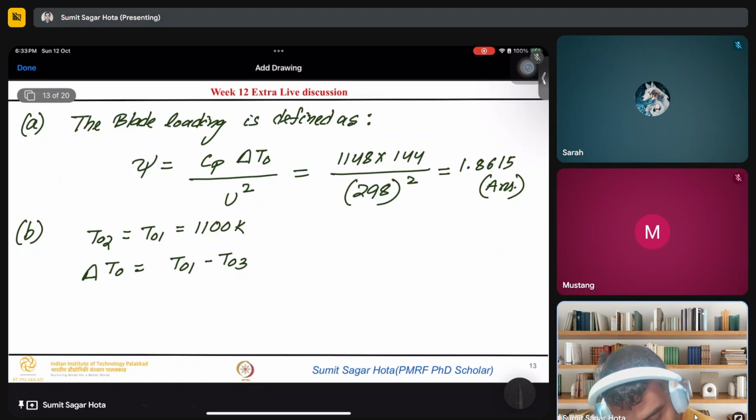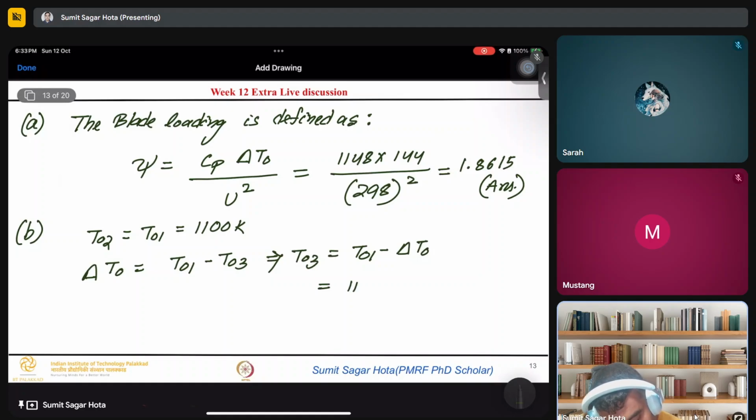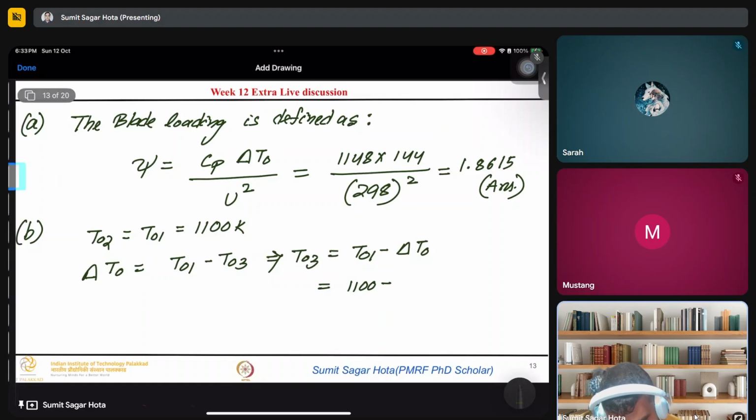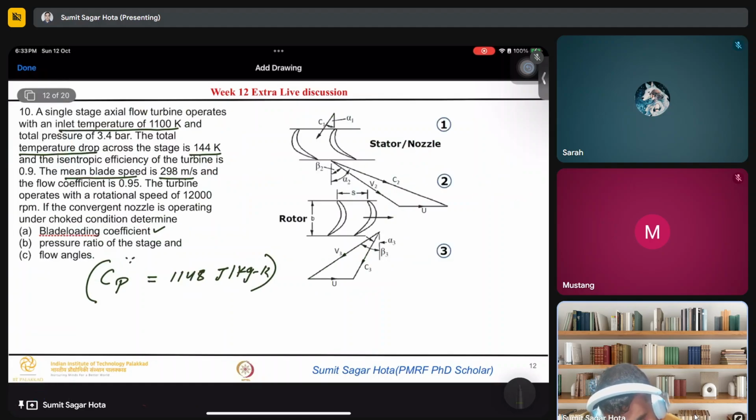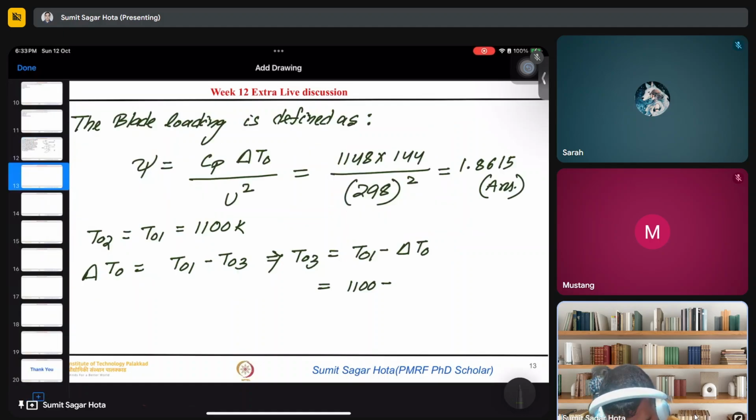But we need T03, because T03 is the unknown. So T03 is equal to T01 minus delta T0. T01 is 1100 Kelvin minus delta T0, which in the question is mentioned as the total temperature drop across the stage, 144 Kelvin. You solve, you will get T03 as 956 Kelvin.